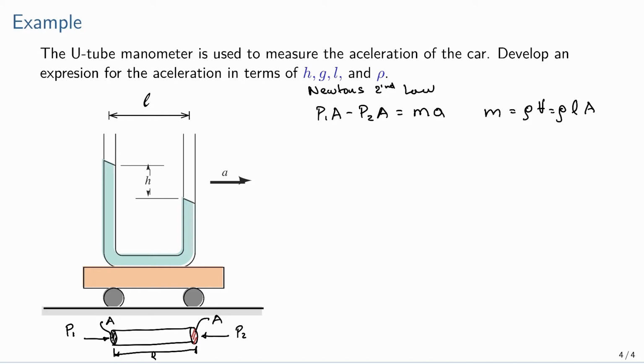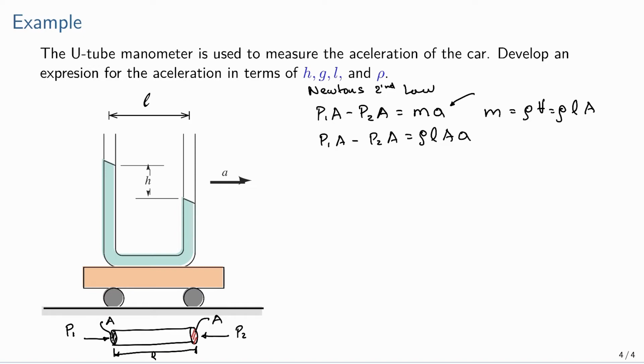So if I replace this expression in our previous one, we have that P1 multiplied by the area minus P2 multiplied by the area is equal to the mass, which is rho L area, multiplied by the acceleration.